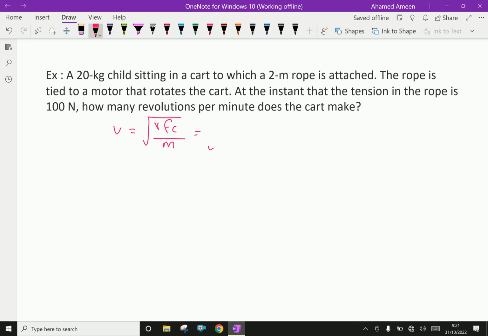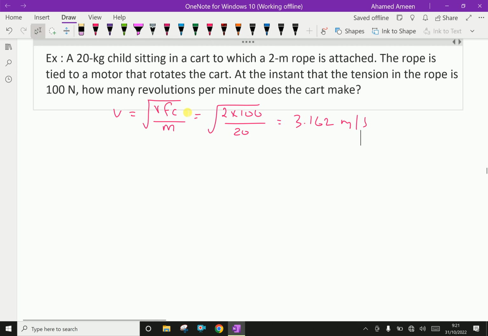The radius is 2 meter, the tension in the rope is 100 Newton, divided by the mass of the child, 20 kg, which equals 3.162 meter per second. But you have to find revolution per minute.